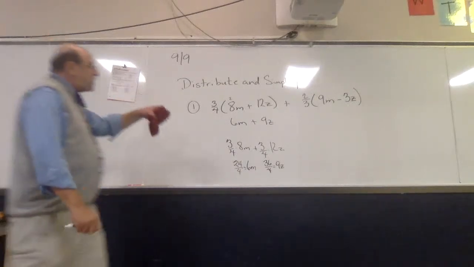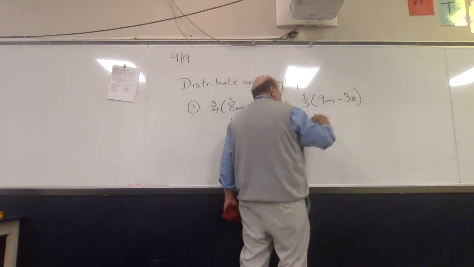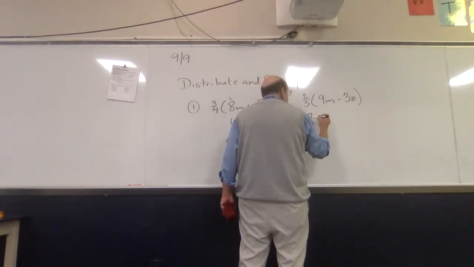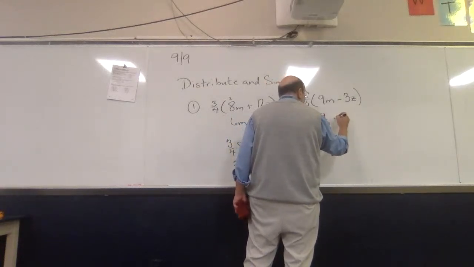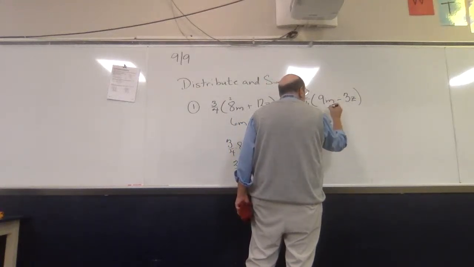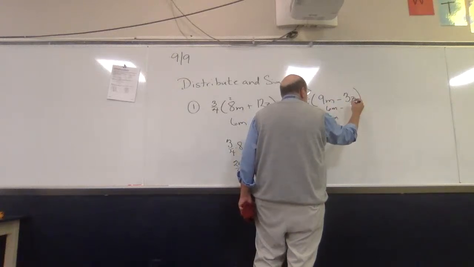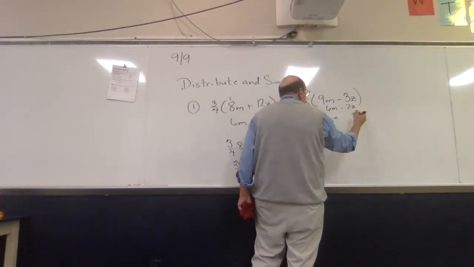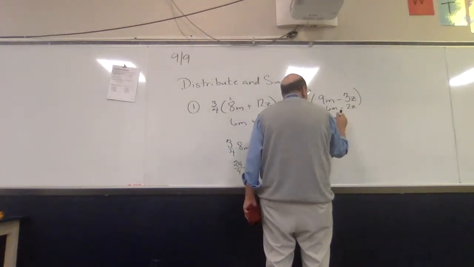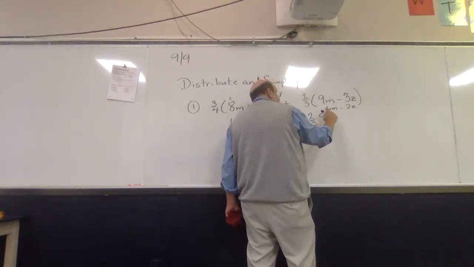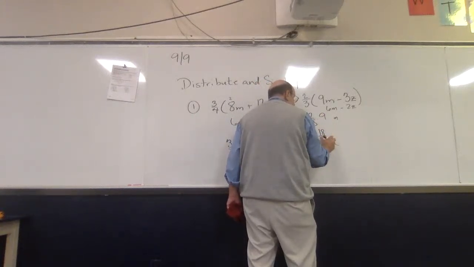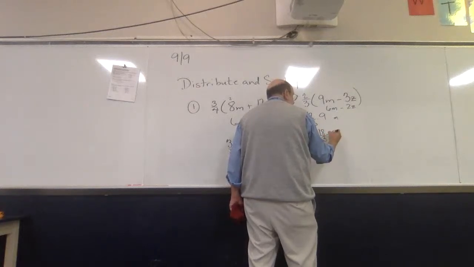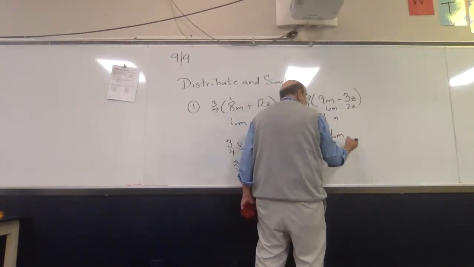Okay, so we have 6m plus 9z. We'll do the same thing with the thirds. So 2/3 times 9m, and we already know that that's 6m minus 2z, right? But we're going to write it out. 2/3 times 9 is 18 thirds, which is 6m.